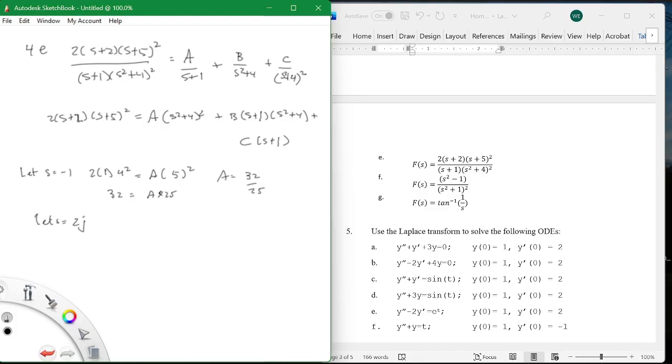If you let s equal 2j, what is c? What is c? This is not easy, okay, but it's doable, all right? So what is it? Two plus 2j.